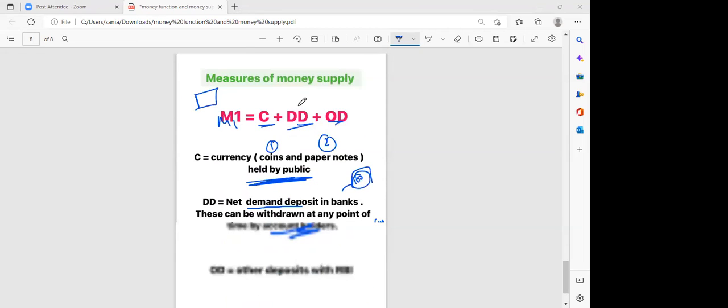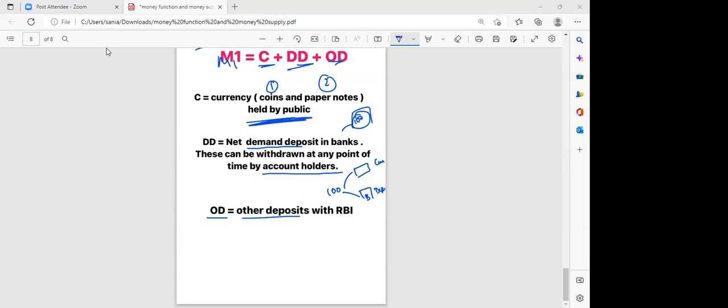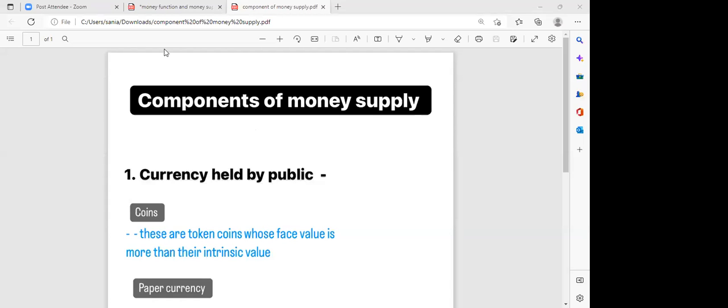Yeah, it's clear. Okay, so now we'll do the components of money supply. Just a minute, I'll just share my screen. Yeah, sure. Actually, I have to change the slide. Can you see my screen?